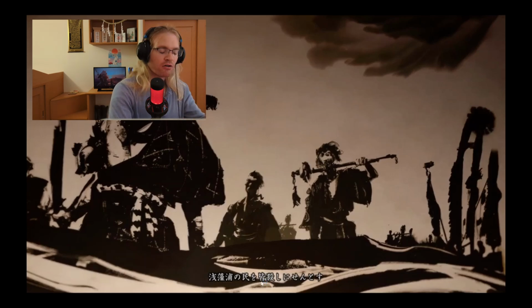So minna means all. In this case, it is referring to people, but it is followed up by the verb korosu. Korosu means to kill, okay? And then we add the shi because the shi turns it into a noun like we saw previously. So minagoroshi means massacre, complete slaughter, right? Which is dark, but I mean they're pirates. So minagoroshi ni.